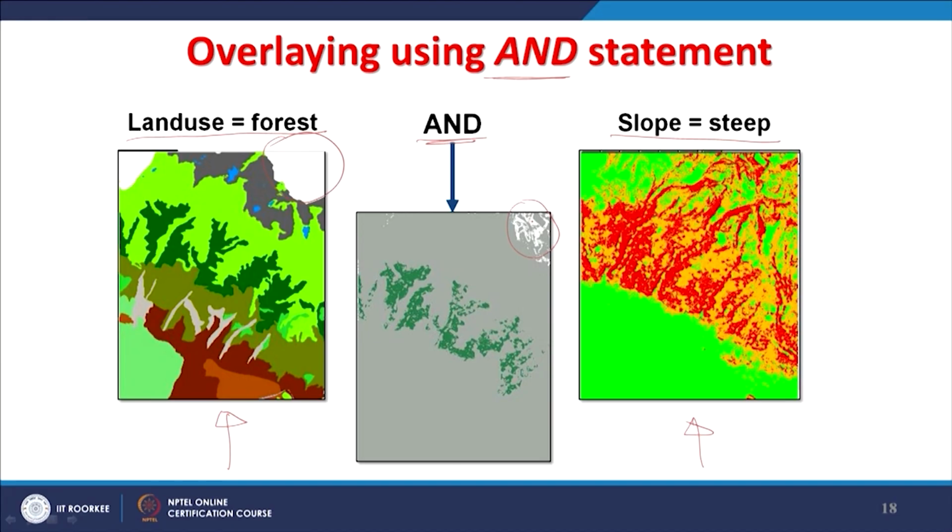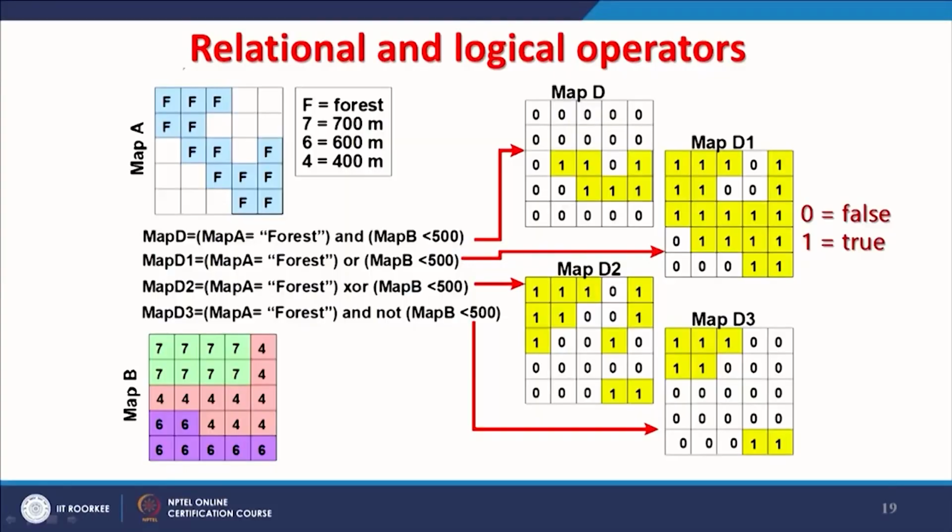So, in real examples, these Boolean logic operations can be done. Now, if I combine relational and logical operators, similar outputs can be created depending on how many classes are in each map. For example, map A has 4 classes, and similarly map B has only 3 classes.